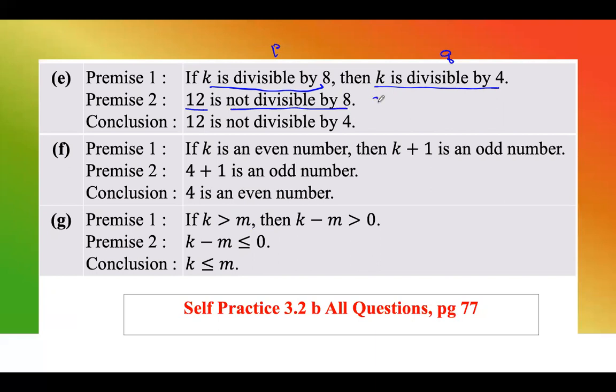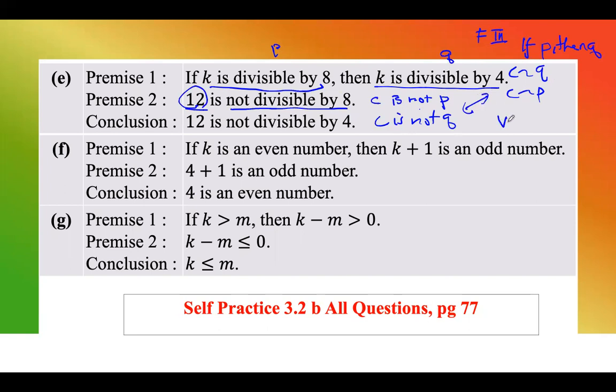So now is c, we use c, because specific c is not p, c is not q. So our form 3 or type 3 is if p then q, not q, not p, or c not q, c not p. But here it is c not p, c not q. So it doesn't comply with this. So this is invalid.